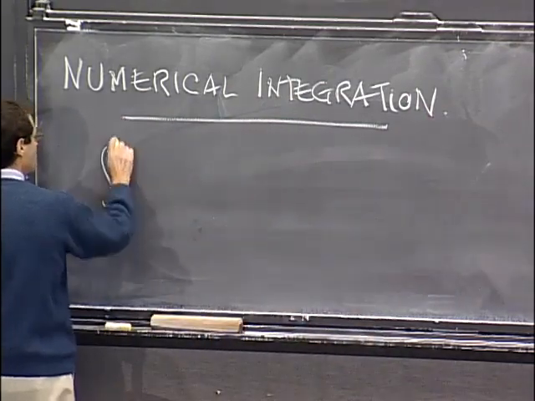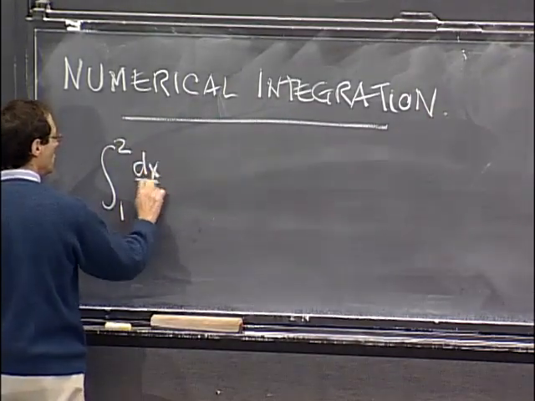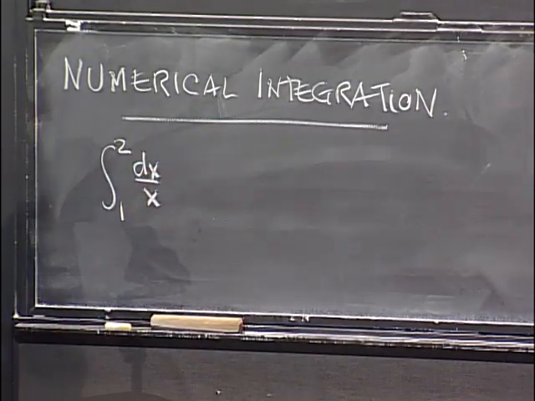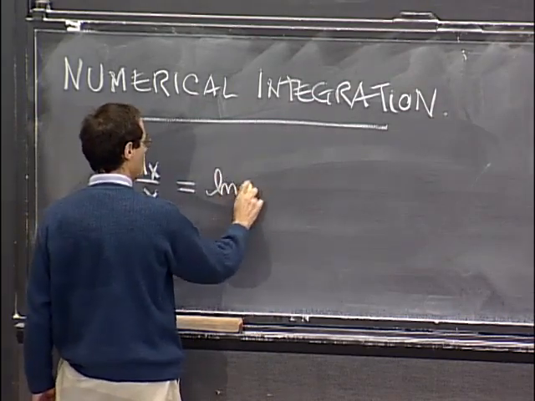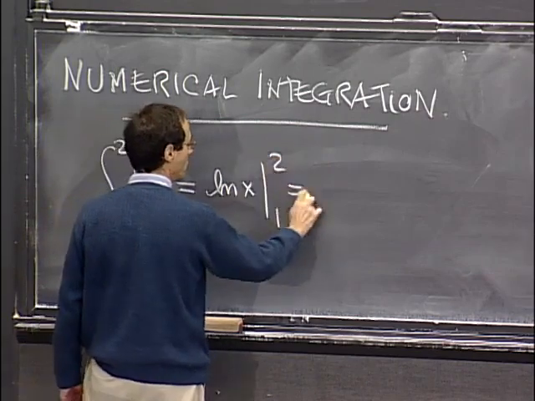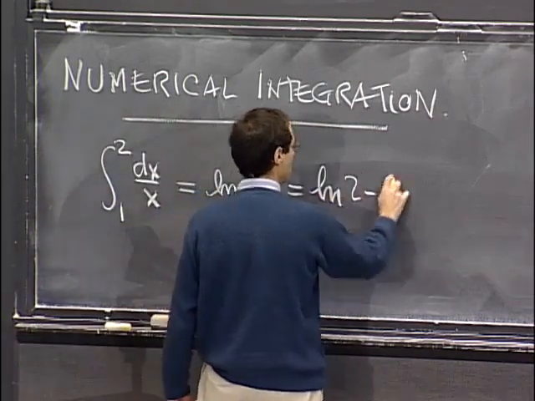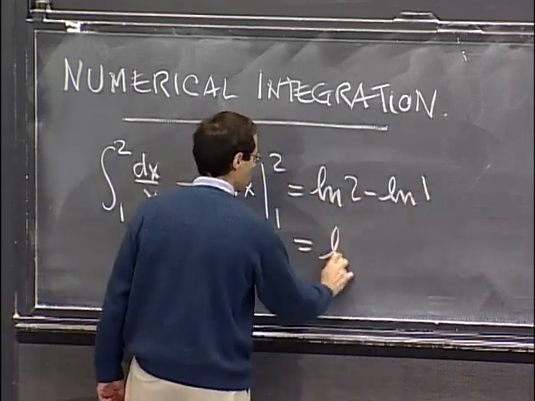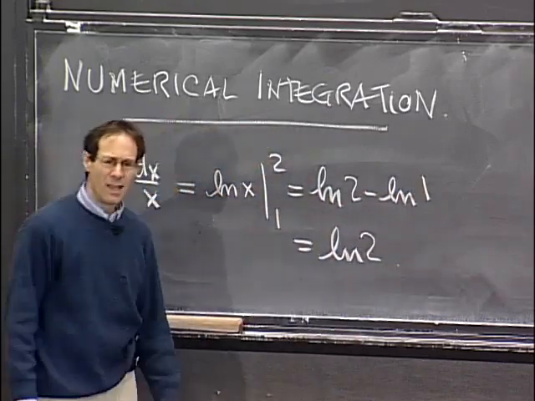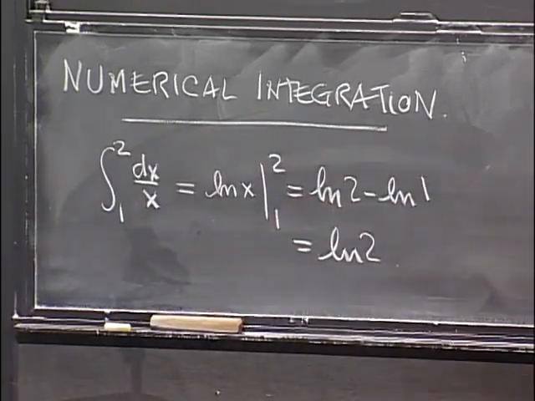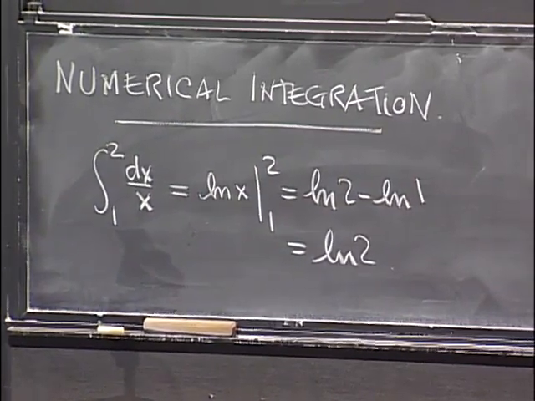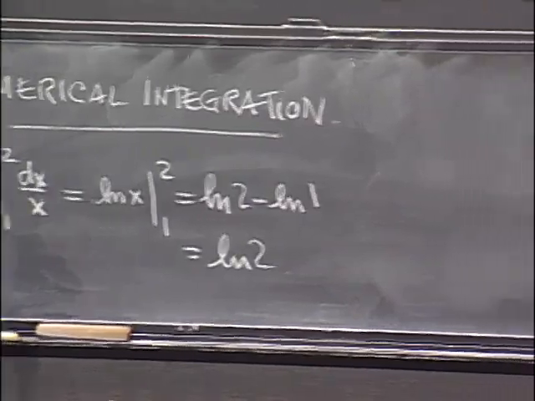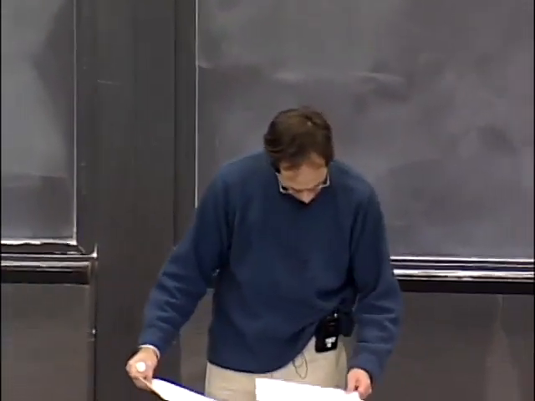We're going to look at the integral from 1 to 2 of dx over x, which we know perfectly well already is the log of x evaluated between 1 and 2, which is log 2 minus log 1, which is just log 2. Now, if you punch that into your calculator, you're going to get something like this.